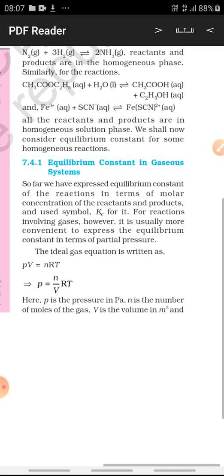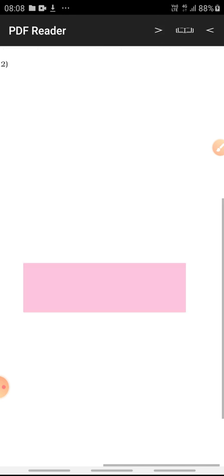For example, we have learned the equation in the previous chapters: PV is equal to nRT, that is the ideal gas equation. Now, taking V here, we can write P is equal to n upon V into RT. Now, what is n upon V? Number of moles per unit volume is molarity, that is the concentration.